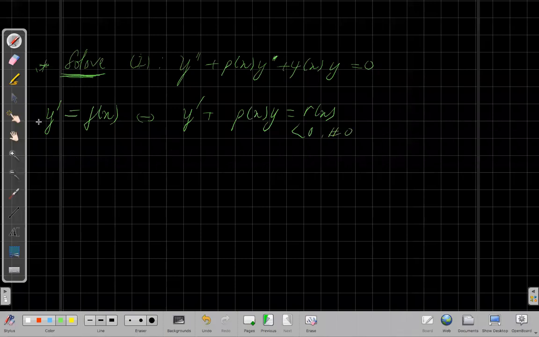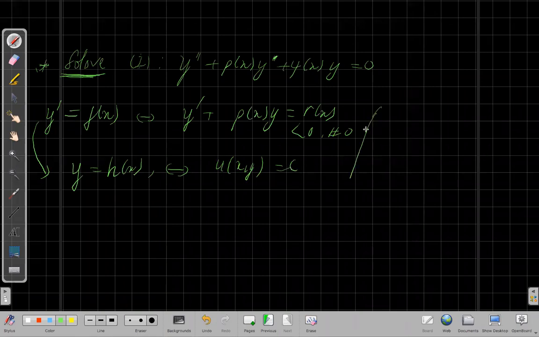The solution for this equation should be y equal to a function of x, or we can write another form, namely the implicit form, using a function F(x, y) equal to c.